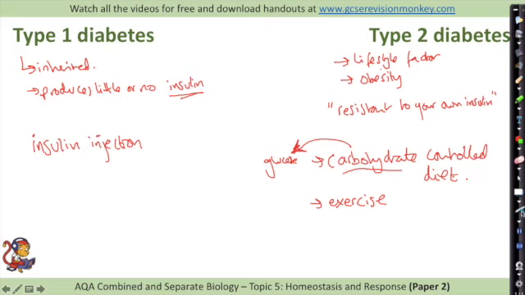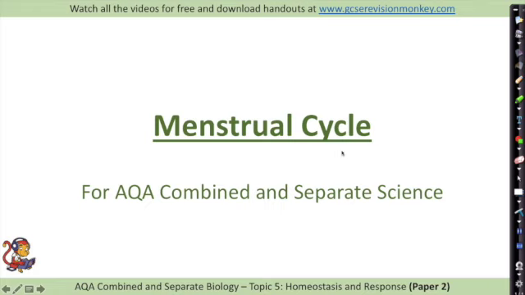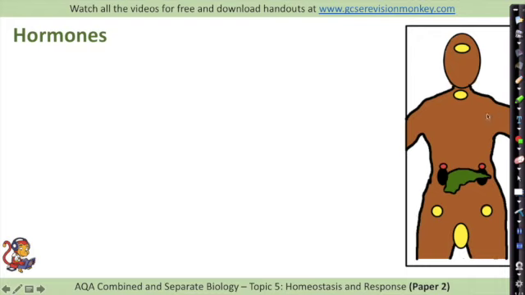Still on the theme of hormones, we're going to look at hormones that are involved in the menstrual cycle now. So here we still have the endocrine system on the right hand side. At the top we have the pituitary gland, and this produces follicle stimulating hormone, which is FSH, and it also produces luteinizing hormone, LH.